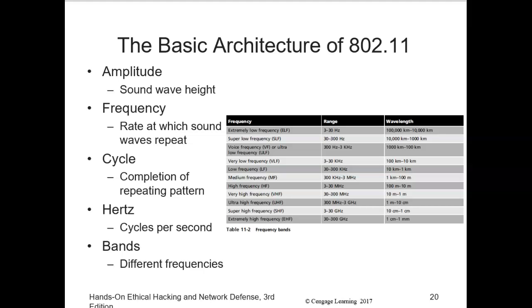We have frequency, which is the rate at which it repeats, and a cycle, which is the completion of a repeating pattern. We talk in terms of hertz, which are cycles per second, and bands, which have these different frequencies. Just kind of interesting. I posted a chart on wireless information, which shows you the range and the wavelength if you're interested.